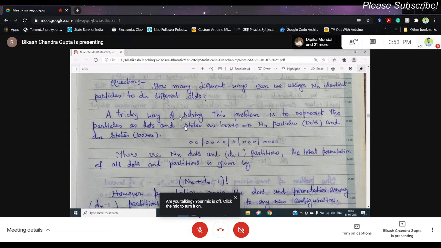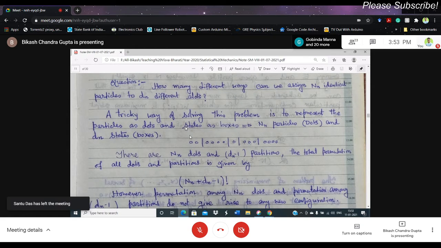Then for this problem, how many ways you can distribute the particles in these Dn states, the number of ways that can be done by treating it as a statistical problem in a tricky manner by counting the total number of particles and separations.